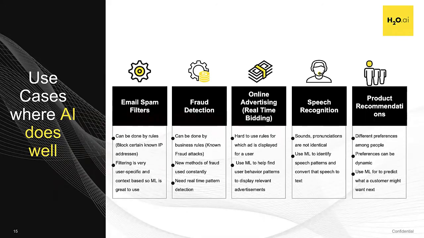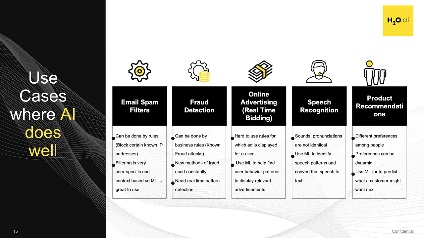And then the last one that I'll talk about briefly, when we think about looking for use cases where AI or machine learning is appropriate, is product recommendations. So again, I'll make this personal for you. Think about the way you shop.